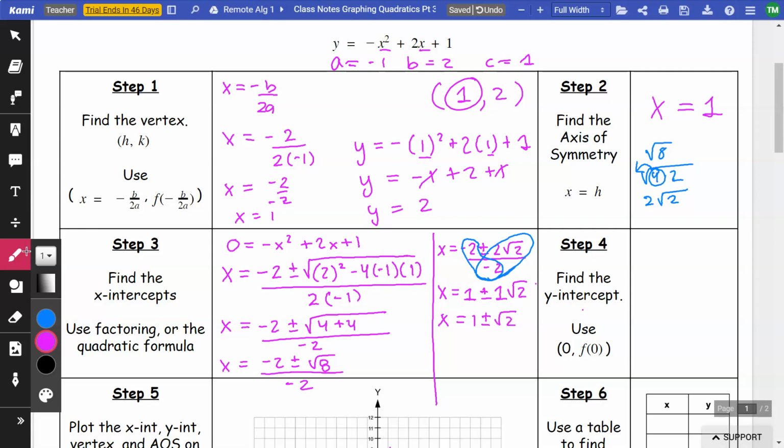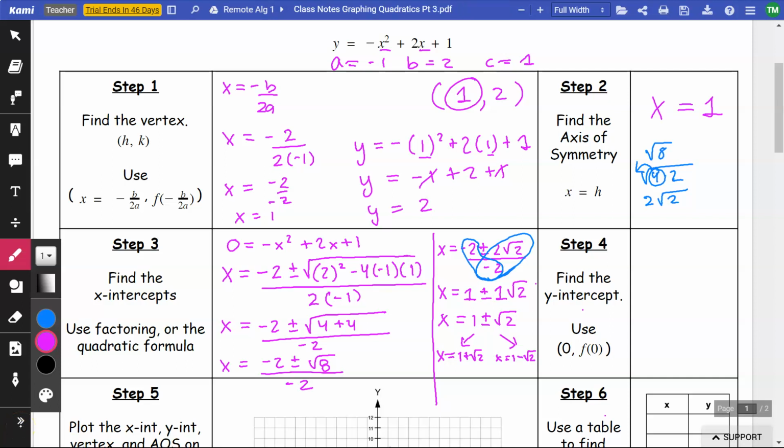But how the heck do we graph x equals 1 plus or minus root 2? Well, these are two separate values: x equals 1 plus root 2 and x equals 1 minus root 2. Let's use our calculator to help us figure out what these values are.